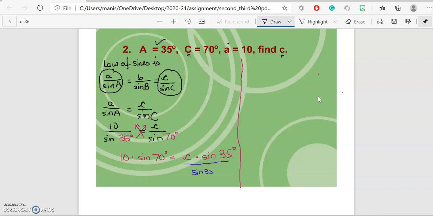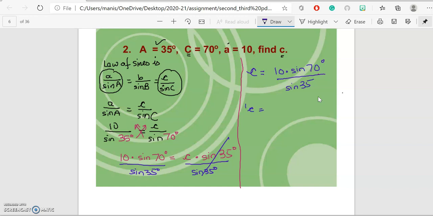I will divide both the sides by what number? This one, sine 35 over here. When I do this, this gets cancelled out, and what I'm left over with is only c. So c is 10 times sine of 70 degrees divided by sine of 35 degrees.